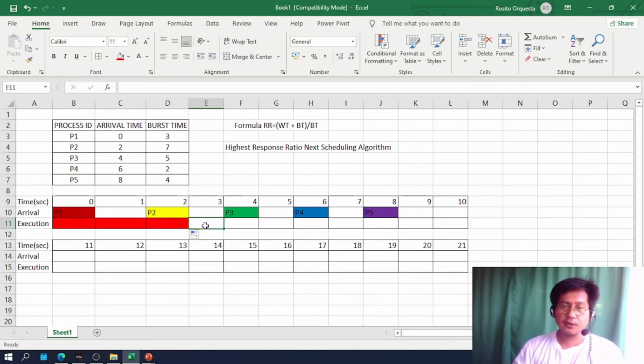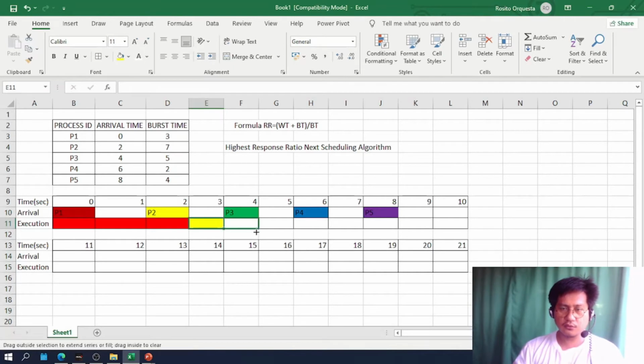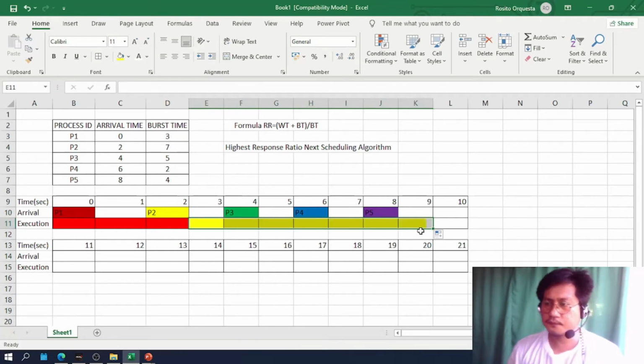So it will just put the new arrival process in the queue. Then at around time 3, since there is no other process, just process 2, the central processing unit will give a time to process 2. For how many burst times? It has 7, so we'll count 7. We'll color this yellow. So 1, 2, 3, 4, 5, 6, 7.